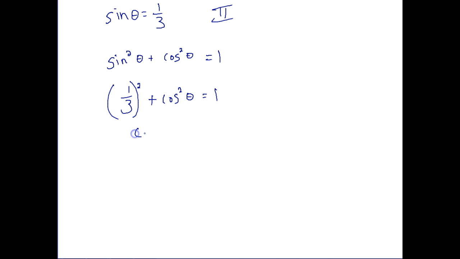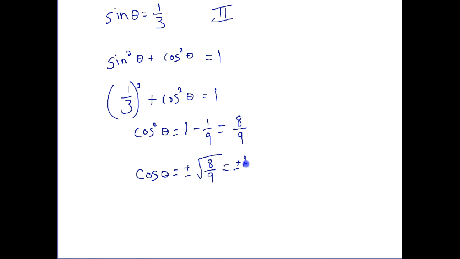And so that means that cosine squared of theta has to equal 1 minus 1/9, which is 8/9, and then cosine of theta is going to equal plus or minus the square root of 8/9, which is equal to plus or minus 2 radical 2 over 3.